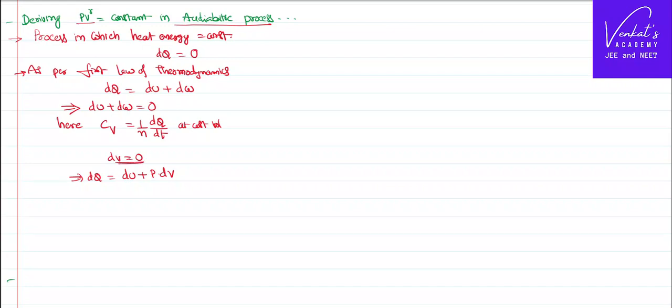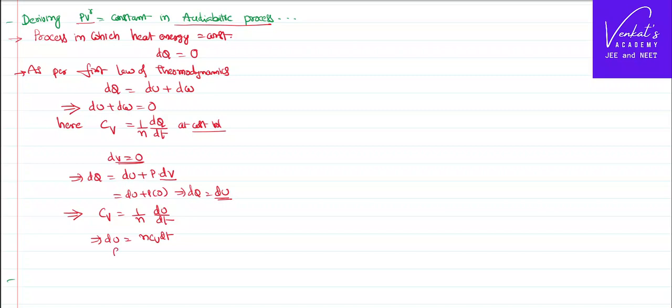But in this case, volume is kept constant, so dV equals 0. So dU plus P into 0, that implies dQ equals dU itself. I can thus rewrite the definition of Cv as 1 by n into dU by dT. That implies dU can be written as n into Cv dT.